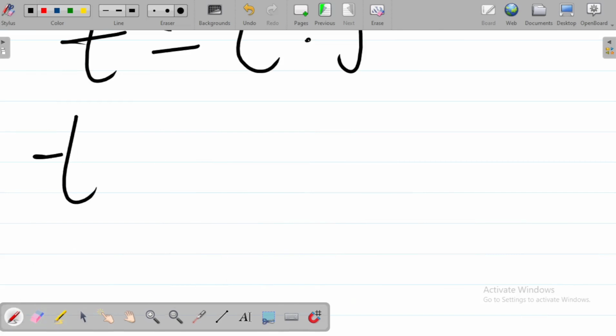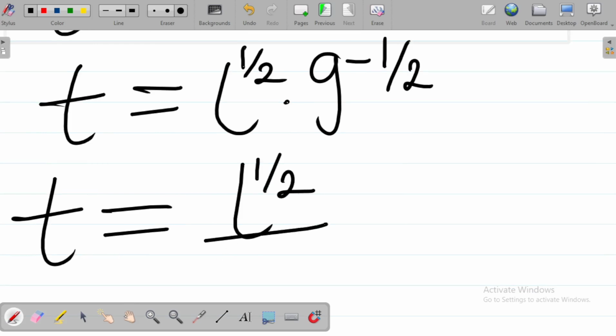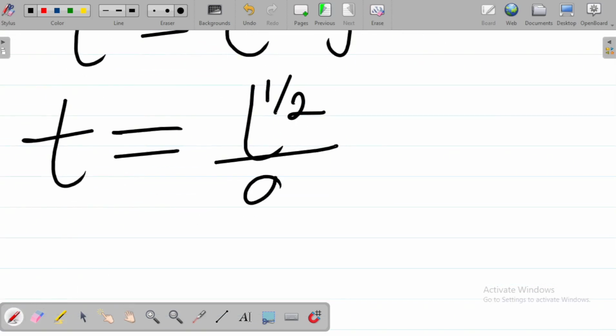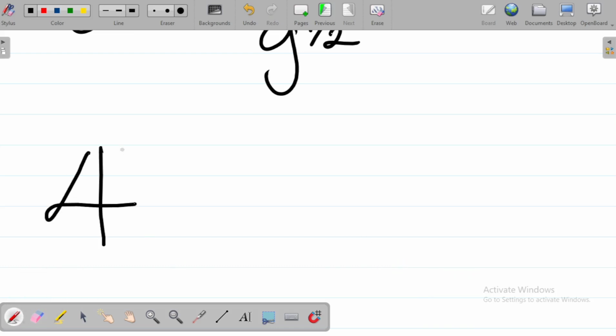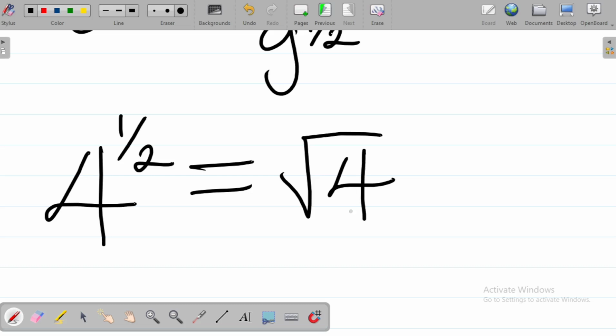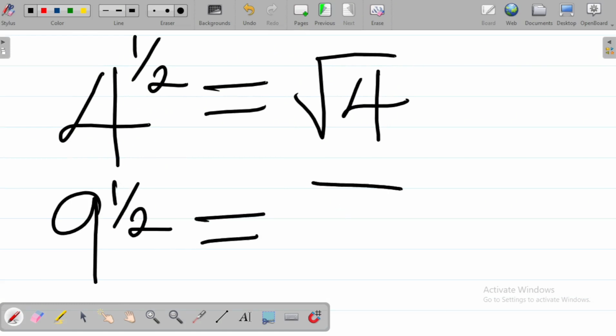So therefore, t is equal to l raised to power 1 all over 2 all over g raised to power 1 all over 2. Alright, take note of this. 4 raised to power 1 all over 2 is equal to square root of 4. 9 raised to power 1 all over 2 is equal to square root of 9.